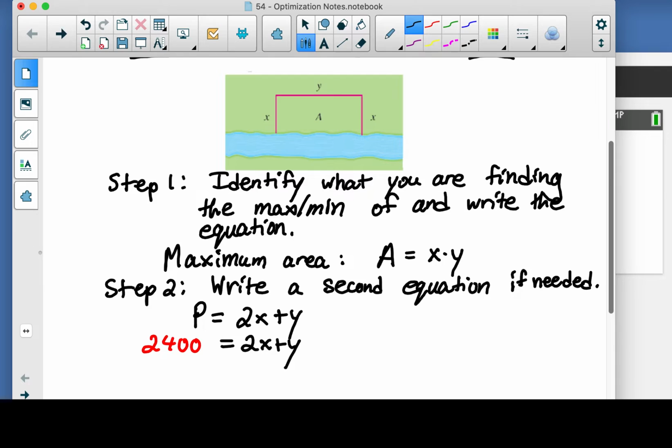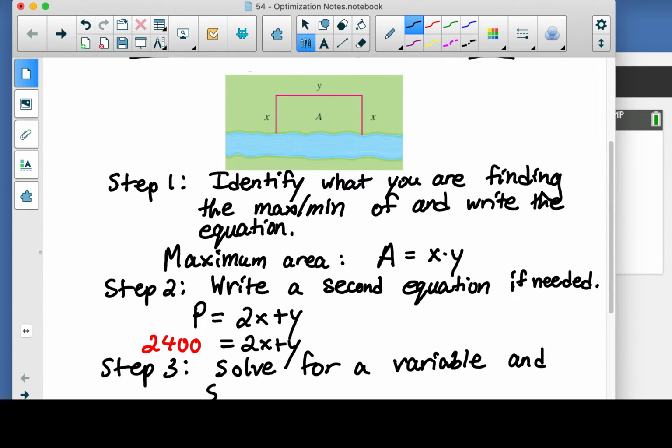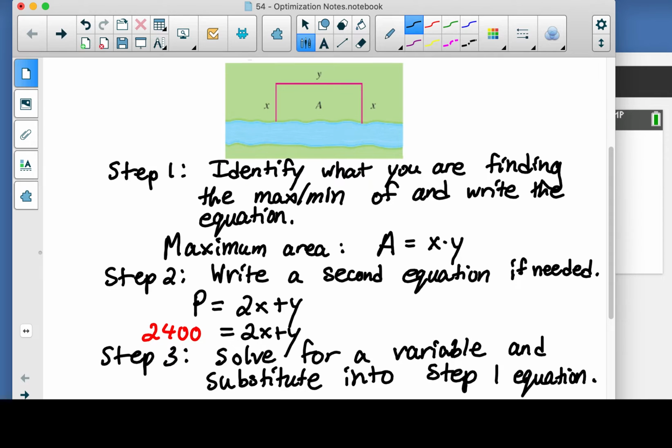So our third step is to solve for a variable and substitute into that step 1 equation. And the reason we're looking at the step 1 equation is that's the one that we are trying to maximize.